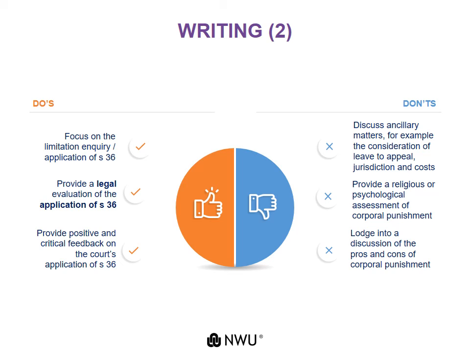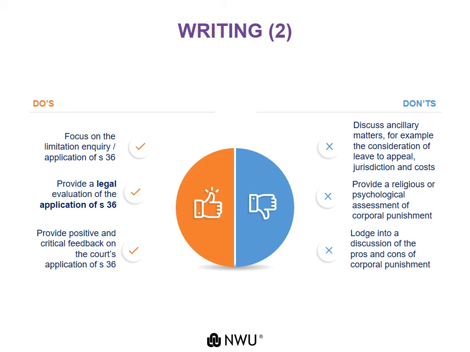You need to provide a legal evaluation of the application of Section 36. Please, not a religious or a psychological assessment of the desirability of corporal punishment. This is not required in this module.